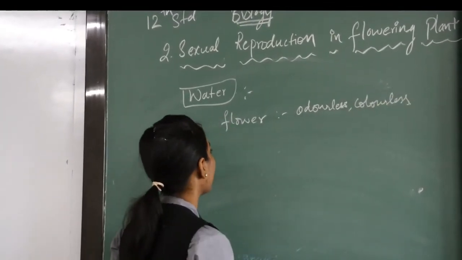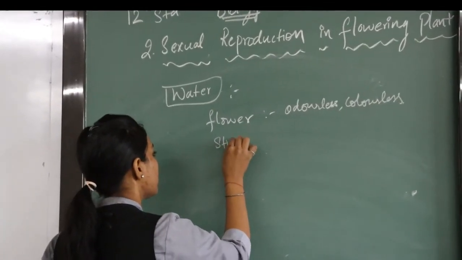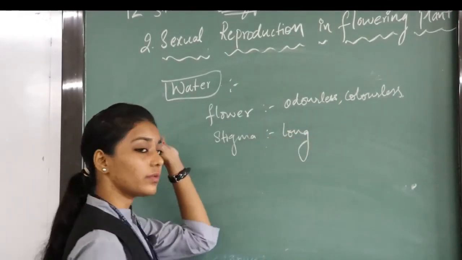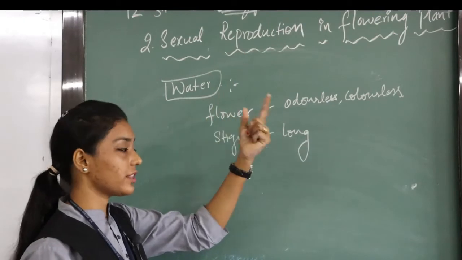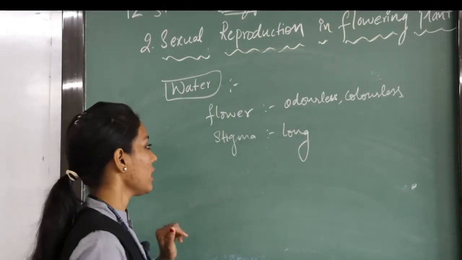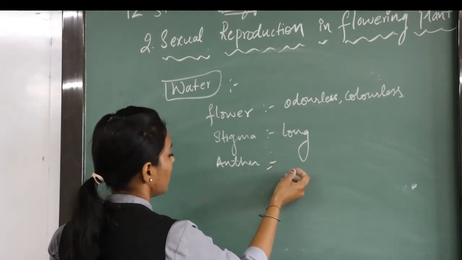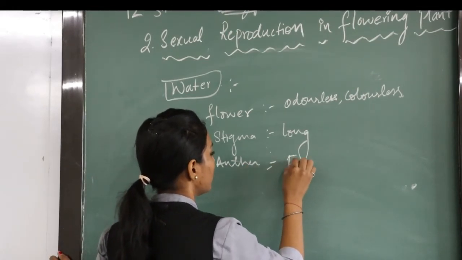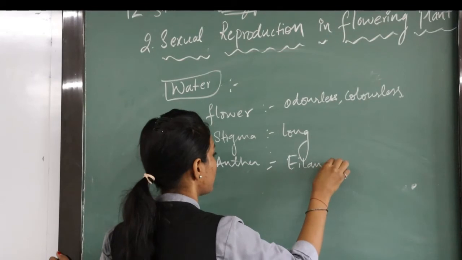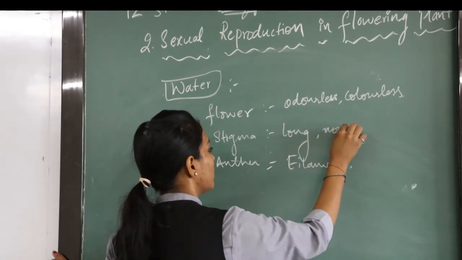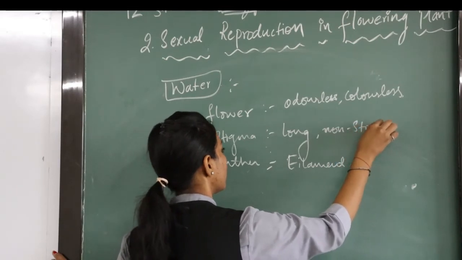Here the stigma are long, whereas in wind we saw that anthers have long filaments. The anthers over here have shorter filaments, and they are also non-sticky.